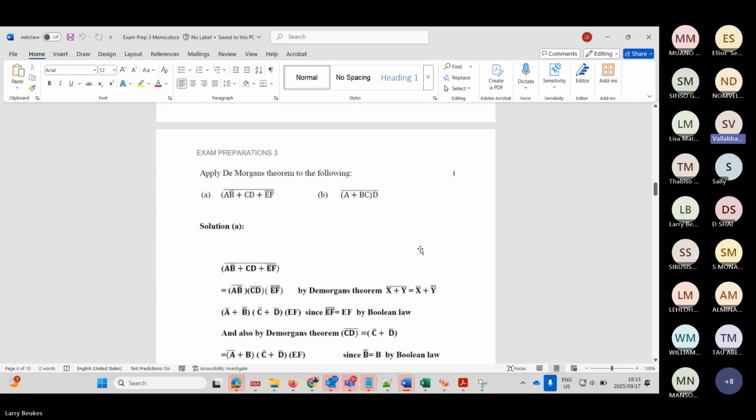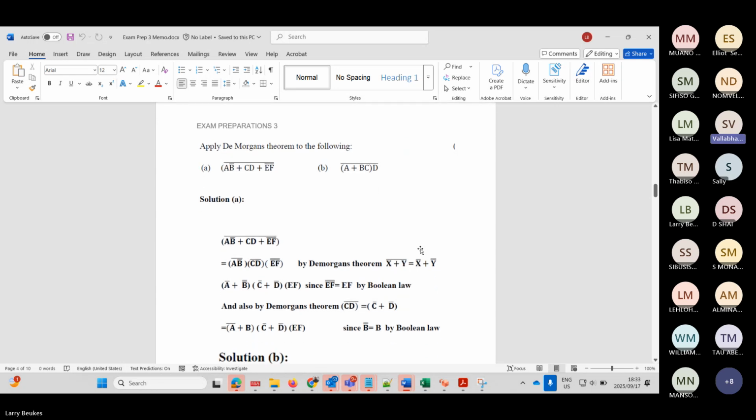So you have two theorems. The first theorem says that A plus B whole bar is A bar into B bar. And what is AB whole bar? A bar plus B bar.